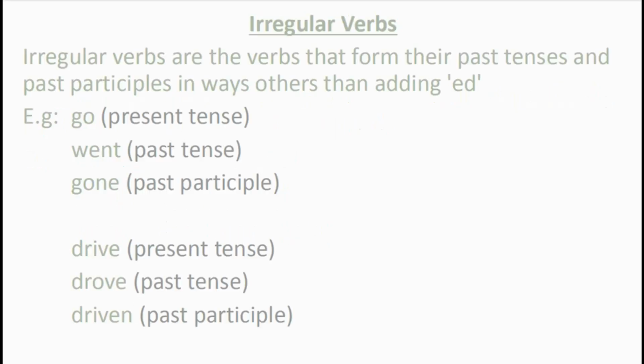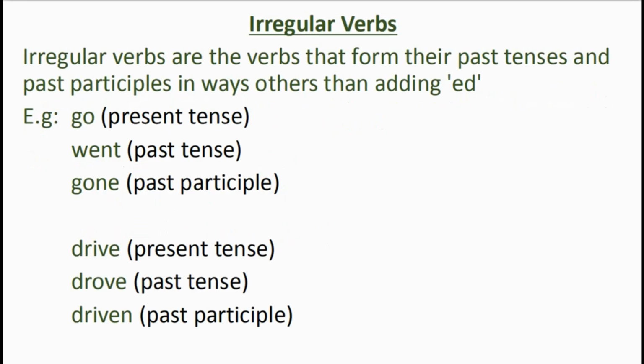The second one, which is rather confusing, is the irregular verbs. Irregular verbs are the verbs that form their past tenses and past participles in ways other than adding ed. So in irregular verbs, we do not add ed. What we do is quite different and unpredictable.